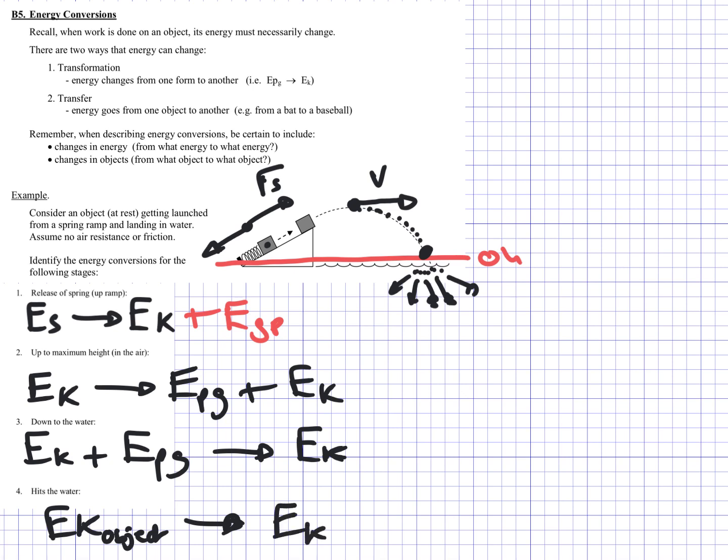So there is a kinetic energy conversion from the object to the water. And if you're interested, you can check this out, because it turns out that kinetic energy is also heat. So this could be described as, I guess, heat dissipation. So just keep that in the back of your mind as well.